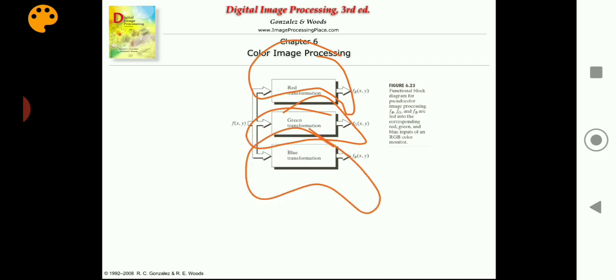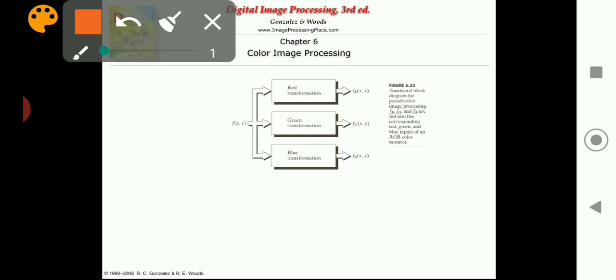That means we are trying to do the transformations of the individual colors of the 3 intensities, on the input pixels. Then these 3 results will be fed separately into red, green and blue.